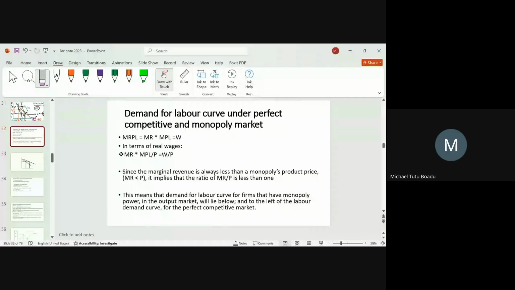All right, so let's proceed. We want to look at the demand for labor curve under perfect competition and monopoly markets. The way labor will be demanded in perfect competition will not be the same as how it will be demanded under monopoly.